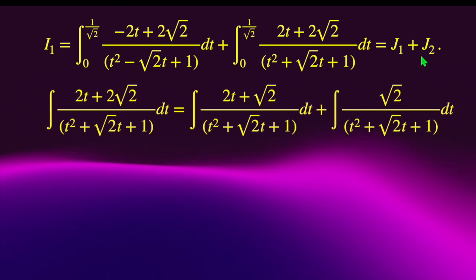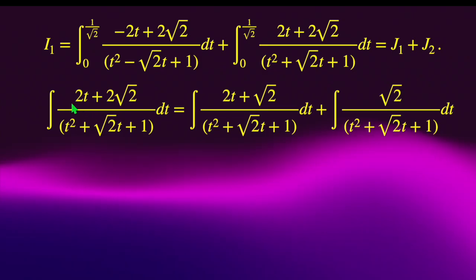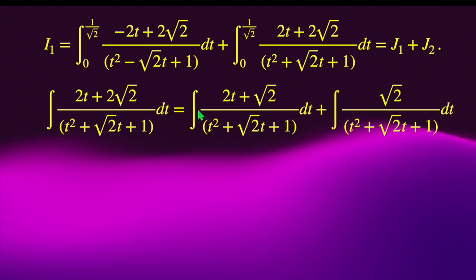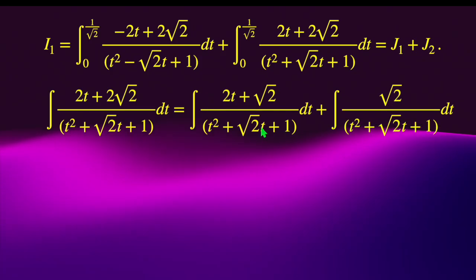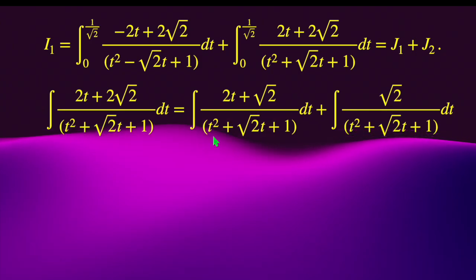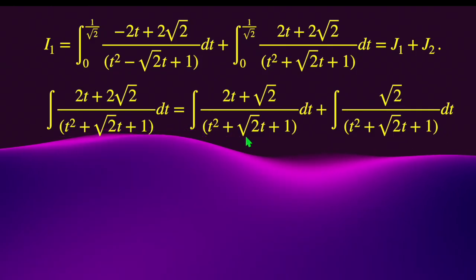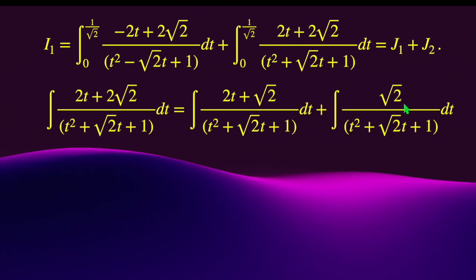For G1, we will first compute the antiderivative of this function, and we use here that 2 square root of 2 is equal to square root of 2 plus square root of 2. Now the antiderivative of this quantity is the logarithm of t square plus square root of 2 t plus 1, and we will compute this one.